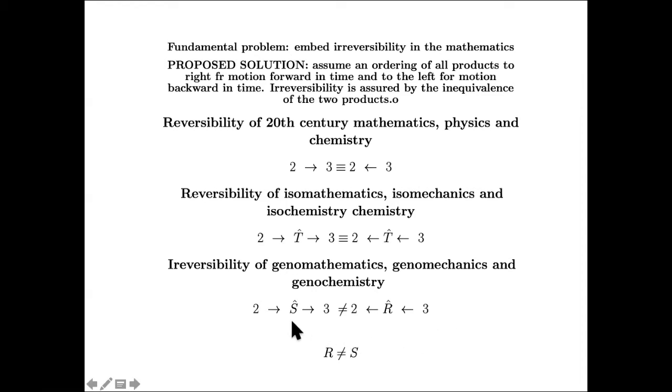And I introduced in this way a unit that is called genotopic element S for the ordered product to the right. And then I introduced a different quantity, non-null, but different than S, which I call R, for the ordered product to the left. And I recognized immediately that an axiomatic representation of irreversibility will follow on the simple assumption that R and S are non-null and not equal to each other.